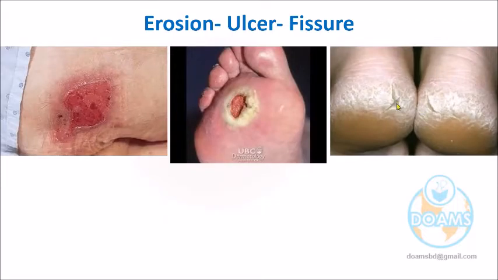So we will not say this is an ulcer. We will say this is a fissure or crack. But this is an ulcer, where the direct damage is up to the dermis. But here, the dermis is intact, only the epidermis is broken. So this is erosion, this is ulcer, this is fissure. We will not say erosion is an ulcer.